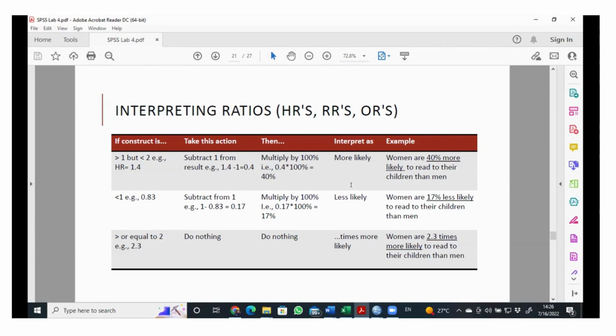So you interpret that as, females had 40% more. This is hazard ratio, but in terms of odds ratio, you say females had 40% higher odds. That's for values greater than 1 but less than 2. Is this clear to everyone, or is there a confusion?